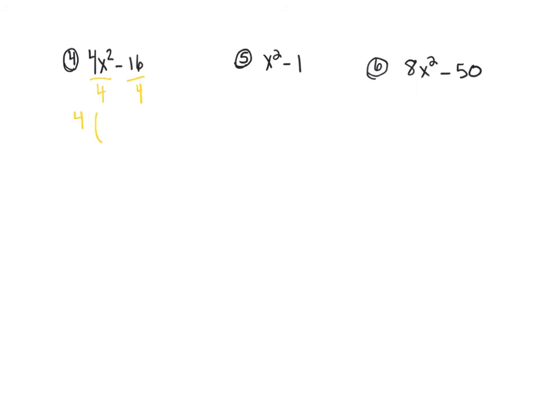And that will leave me with 1x squared minus 4. Now, I'm immediately going to drop down to the bottom, and I'm going to put that 4 out in front so that I don't forget it.